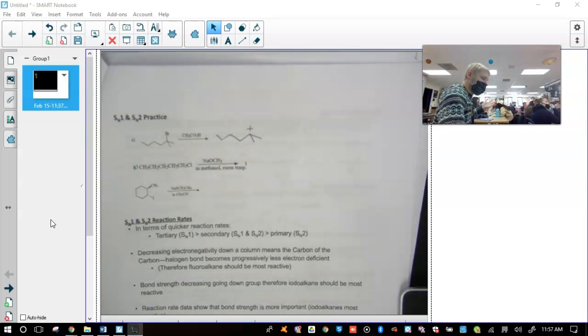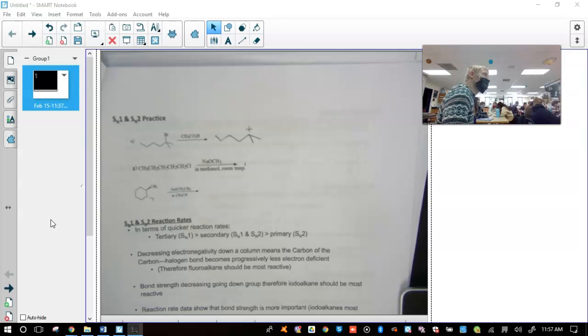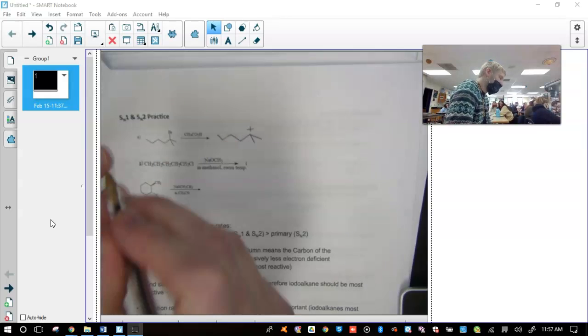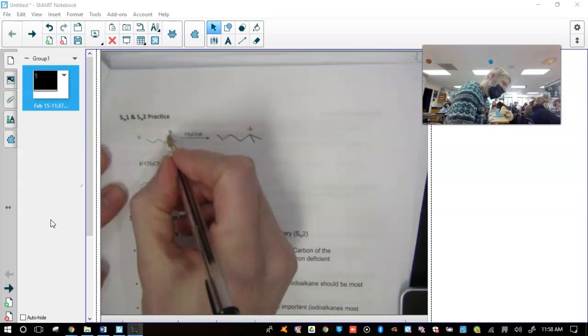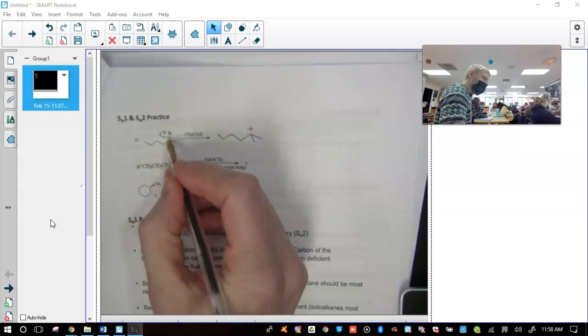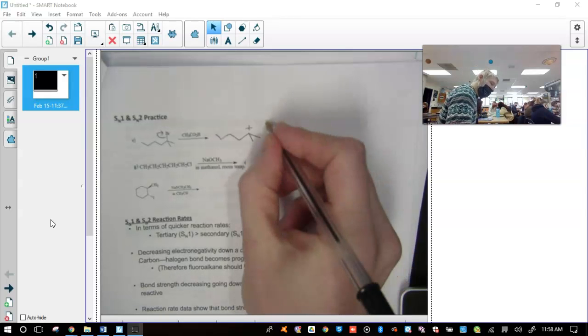And the positive charge is going to be where the halogen once was. Oh, we have to do curly arrows too. So the first thing that happens, in the presence of a nucleophile, the Br leaves. So we show the electron pair that's formerly in the bond between the Br and the C now heading back to the bromine to make it Br negative.